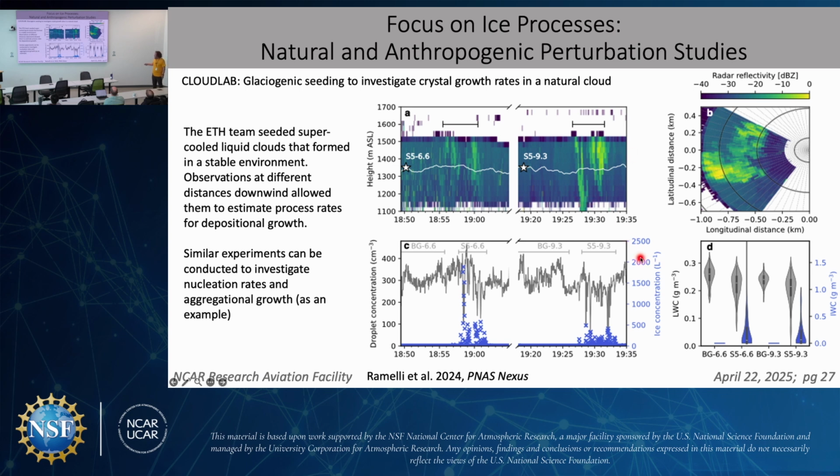They can also look at the liquid water content and the ice water content, before seeding and after seeding. This is the ice content, in blue, and the liquid water content in red. So you see that the liquid actually doesn't change, but the ice increases significantly.